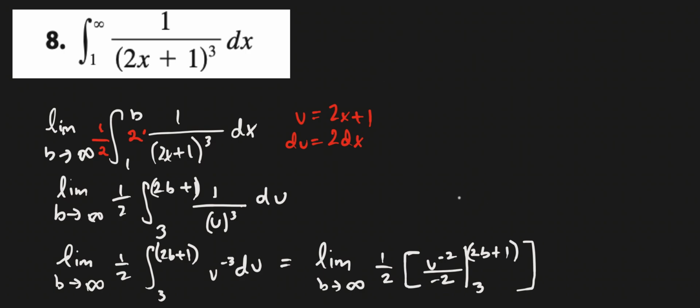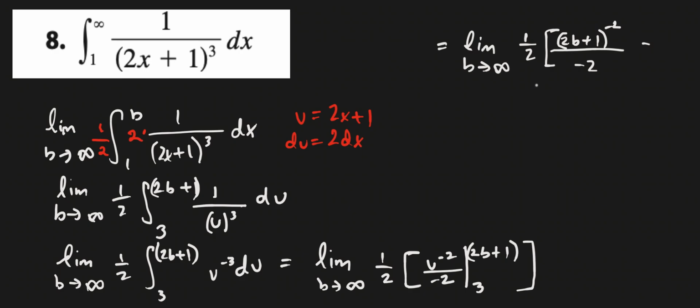So let me continue my work up here. Limit as b approaches infinity, this is 1/2 times u to the negative 2, that's just (2b plus 1) to the negative second power over negative 2, minus 3 raised to the negative 2 power over negative 2. Remember, this negative can go anywhere, so this becomes positive.